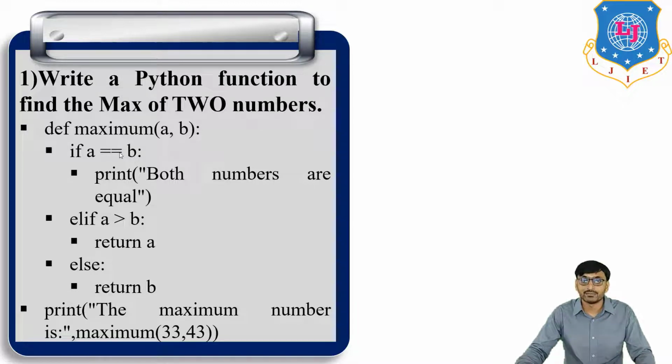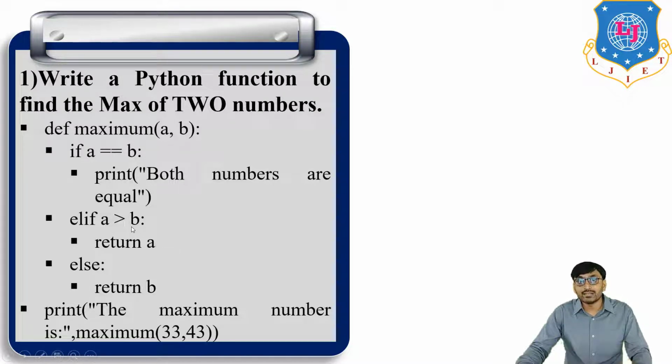If the first condition is not satisfied, then go for the elif condition. Second condition, check a greater than b. If this condition is satisfied, then return a.